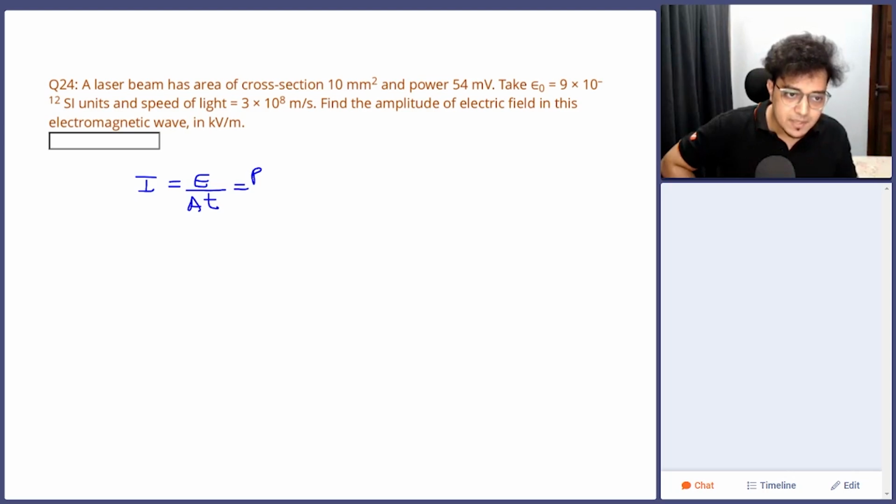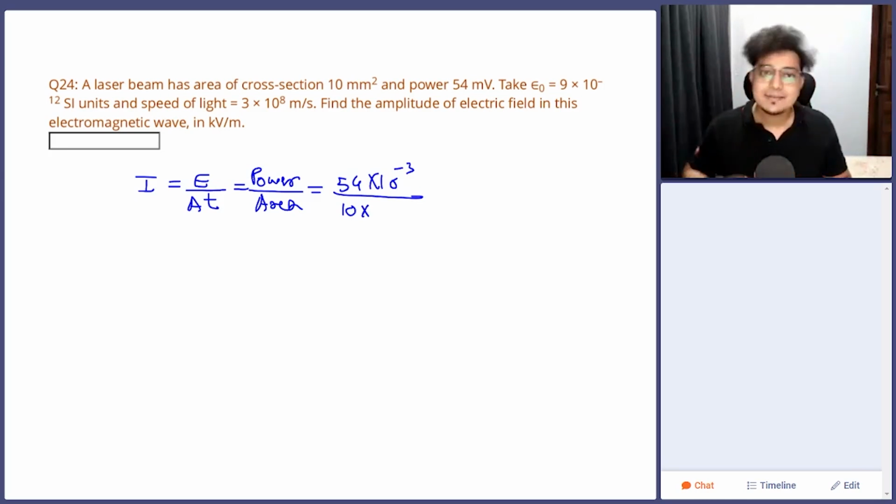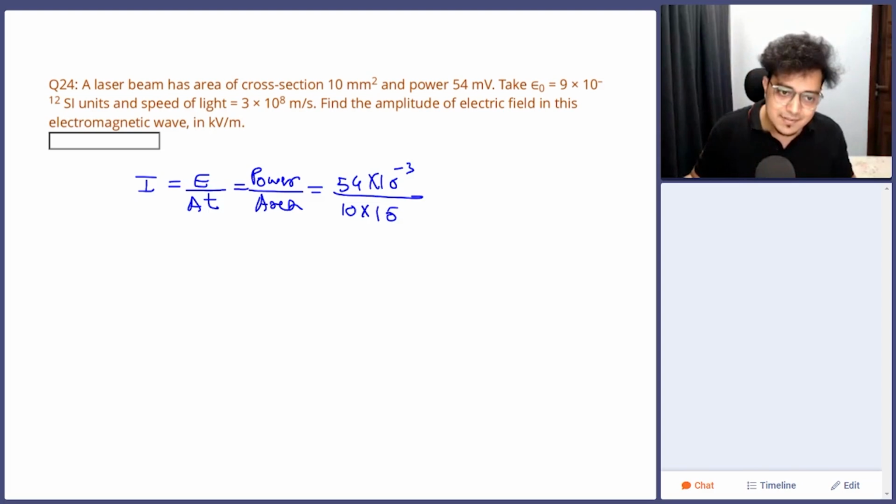Energy upon time is power, so power upon area. So power is 54 milli, that is 10 raised to minus 3, upon area 100 millimeter square. So millimeter to meter is 10 raised to minus 3, square will be 10 raised to minus 6, right? This will be 10 raised to minus 6.